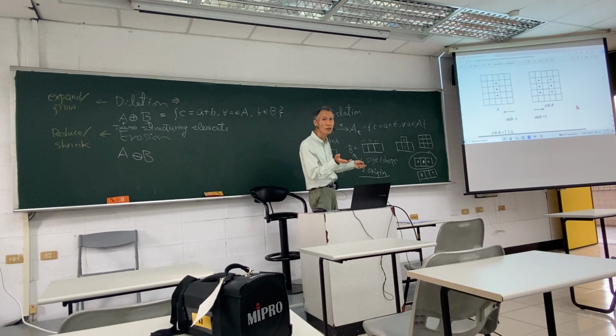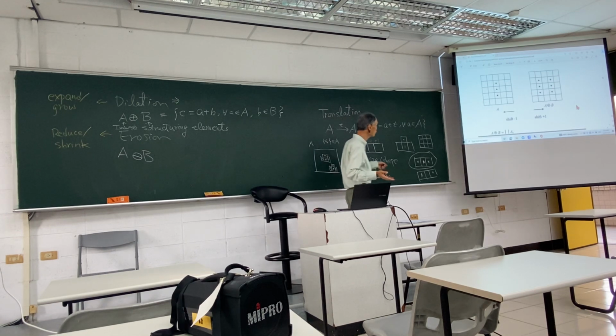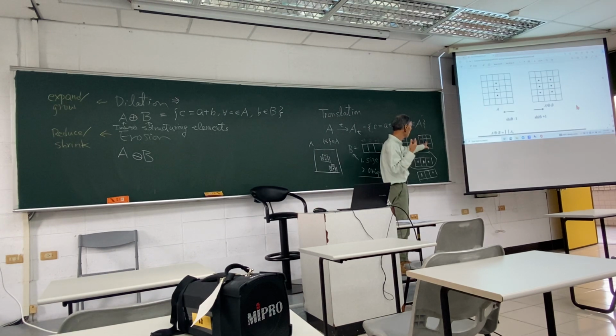So you can think of here, if you take it as a 3x3, what would happen? Each side will expand to the left, to the right, to the top, and to the bottom. Everyone follow me? See that? Okay?